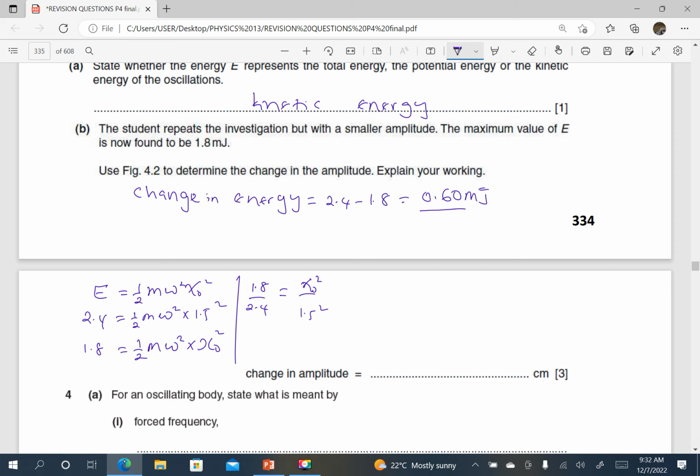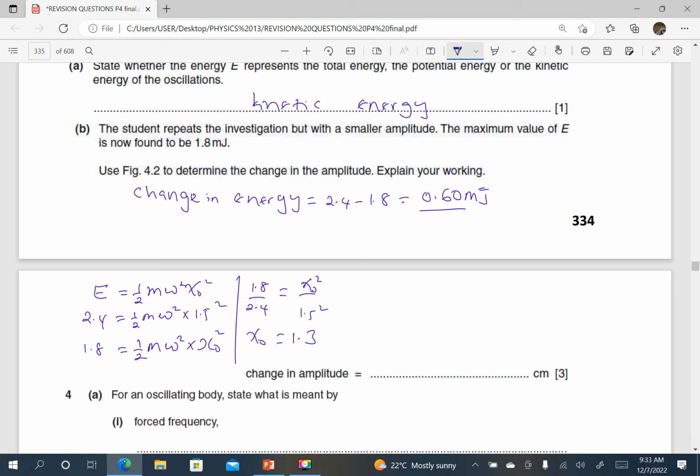So 1.8 divided by 2.4 times 1.5 squared, then root of the answer. So the new amplitude is x naught squared. The new amplitude is 1.299. I've got the square root, so x naught is 1.3.